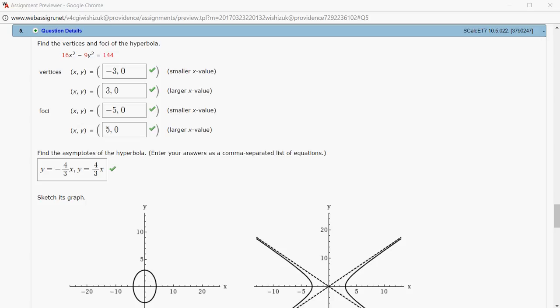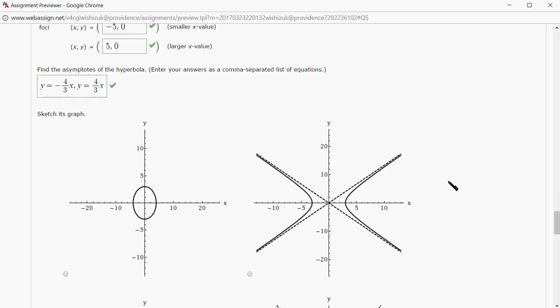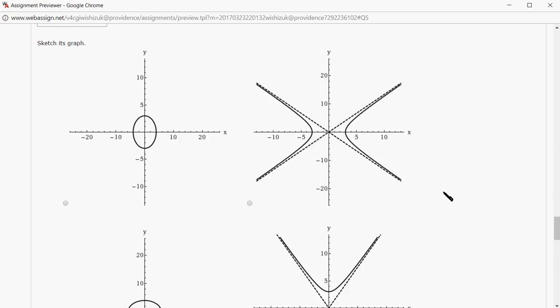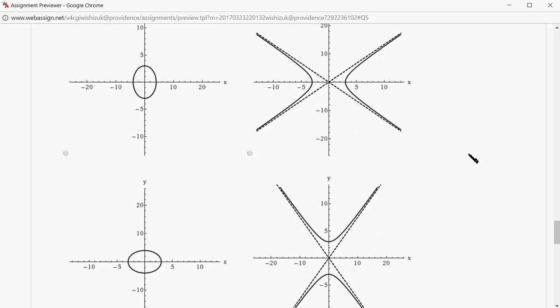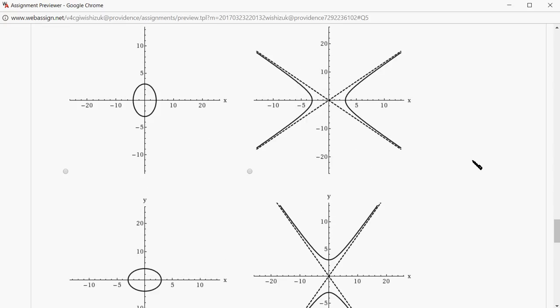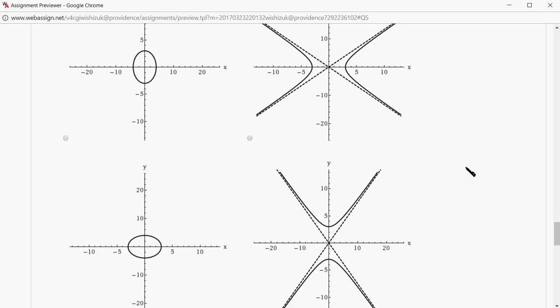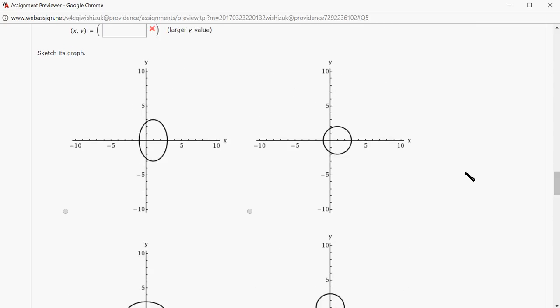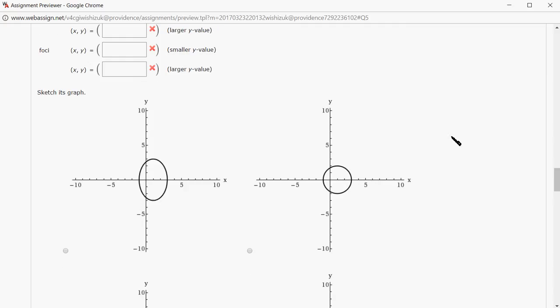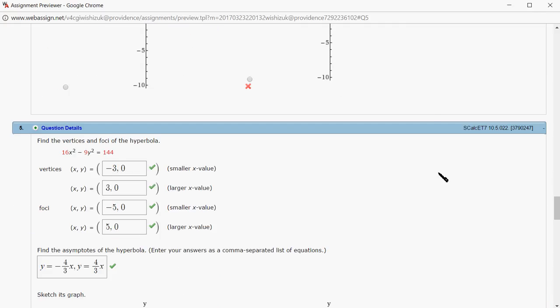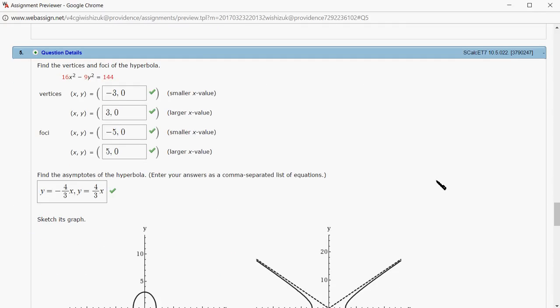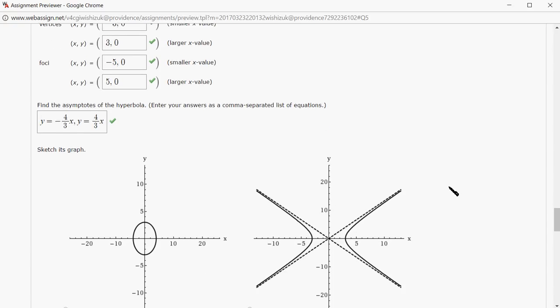Now we want to see the graphs. First, it's a hyperbola, so it's definitely not the first one or the third one. It's going to be either the second one or the fourth one. We know that the vertices are at -3, 0 and +3, 0.